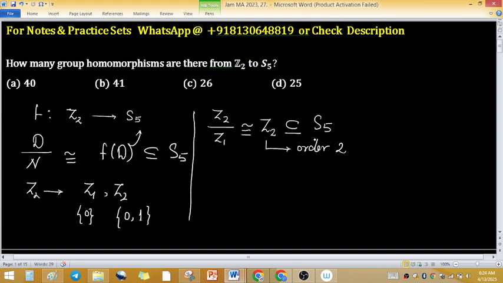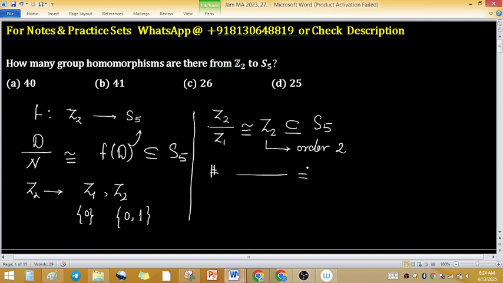So this is finite and cyclic. How many cyclic subgroups of order 2 exist in S5? So we are seeking how many subgroups. How do we calculate the number of subgroups of order 2?